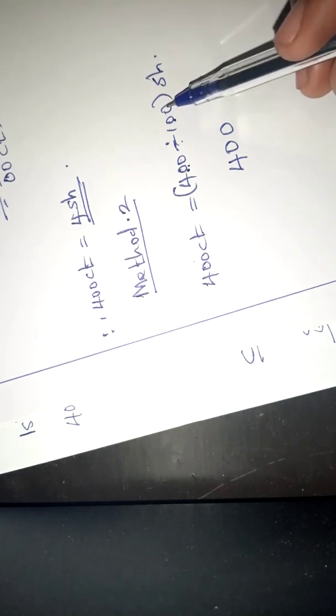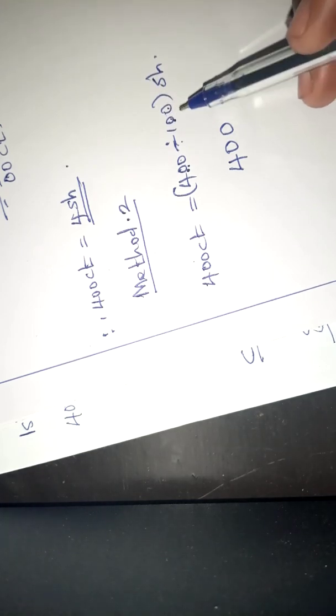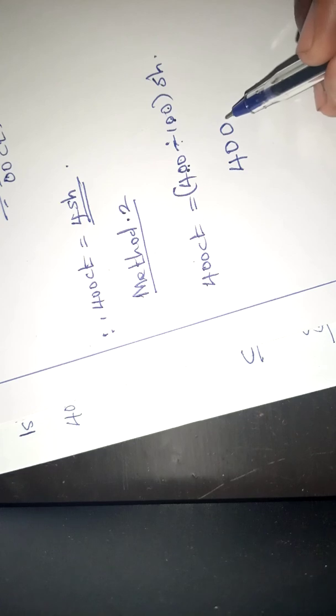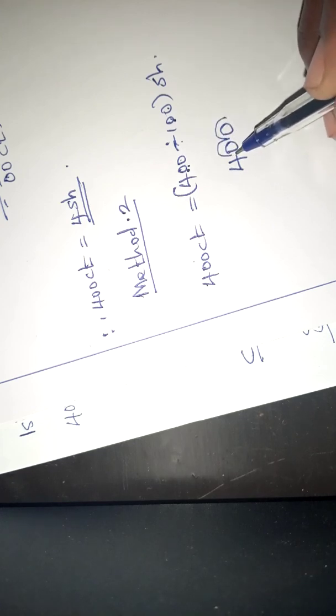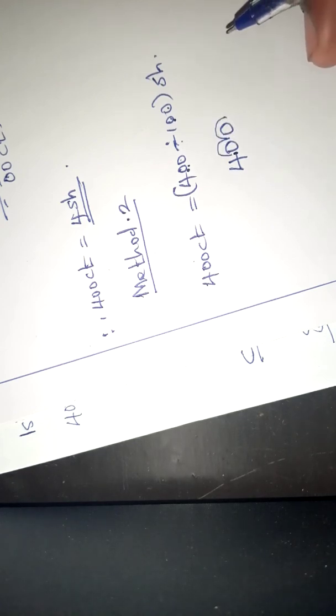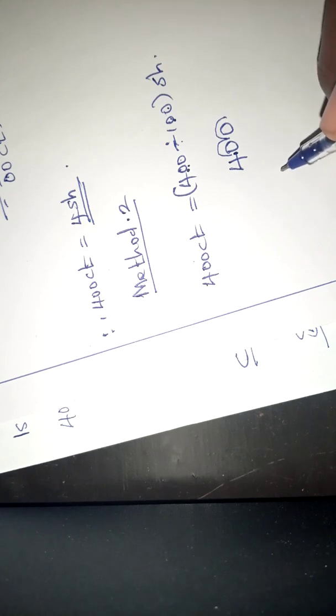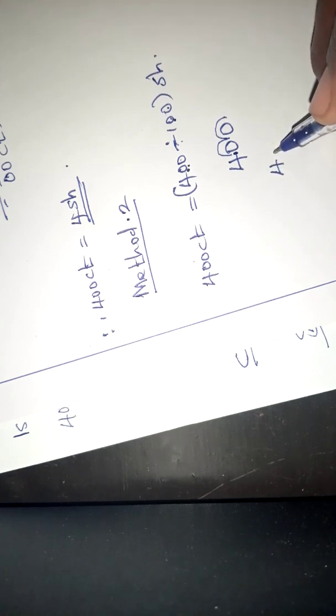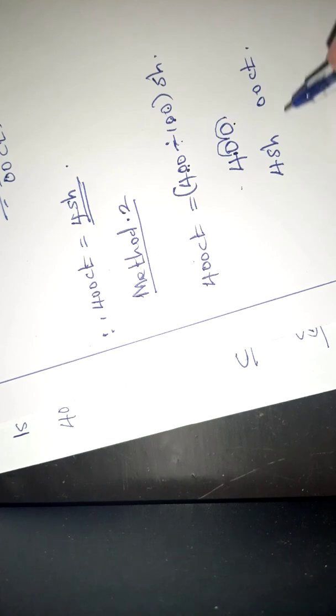You write this 400 of yours. You count these zeros, how many? 1, 2. So you move from behind, 1, 2, and put a decimal point here. So this one means that there are 4 shillings and 00 cents. These ones on this side are cents, this one is shillings.